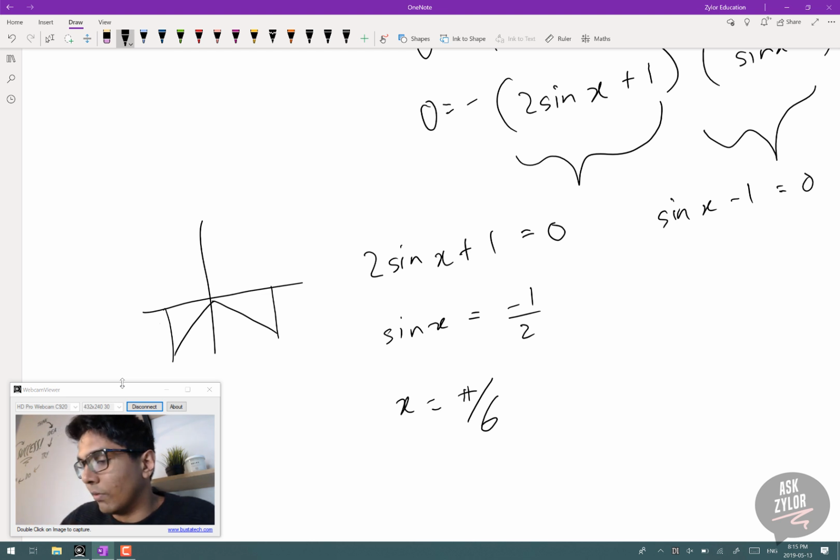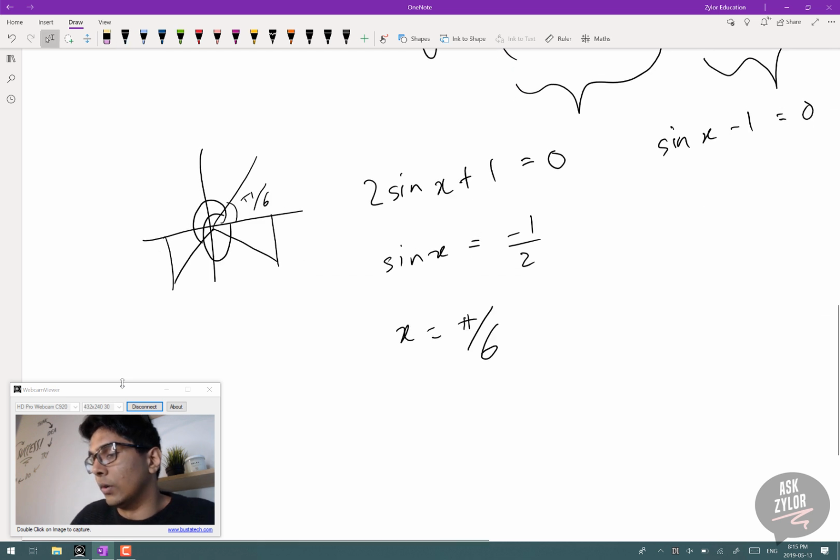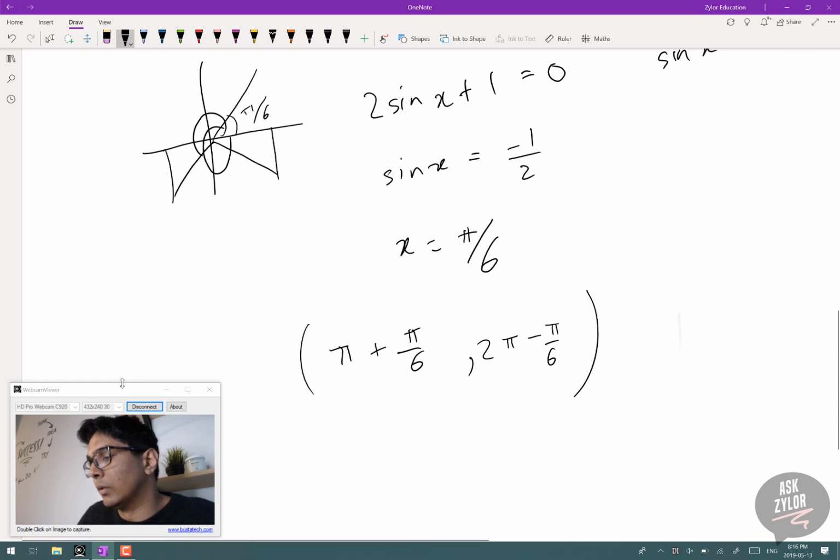So if my related acute angle is pi/6, I can figure out what the principal angles are for the third and fourth quadrant. So I can do pi plus pi/6, and then I can do 2 pi minus pi/6. Those are the two values which will yield sine x is equal to -1/2.